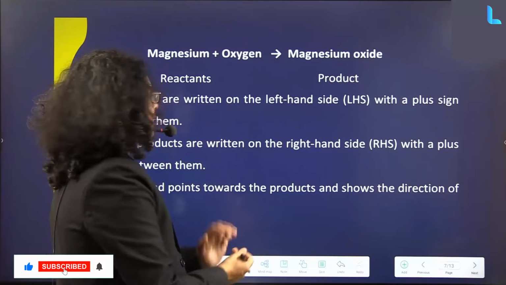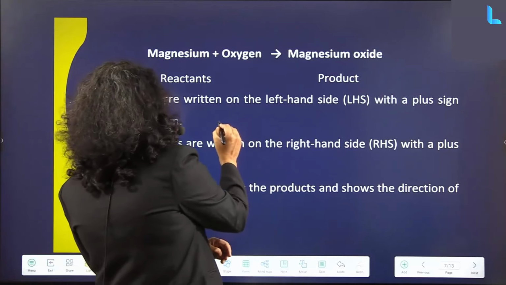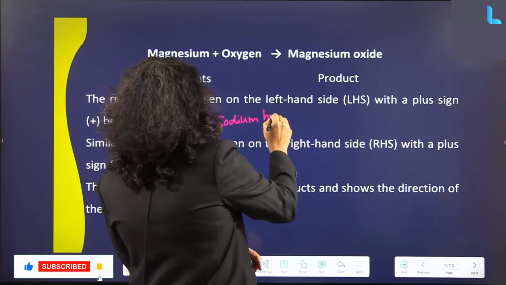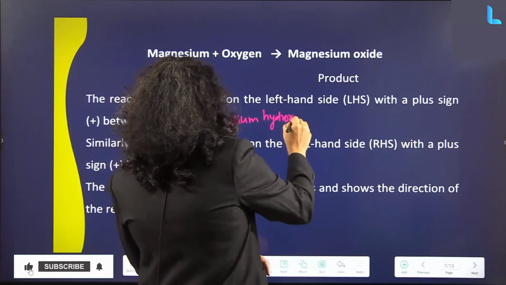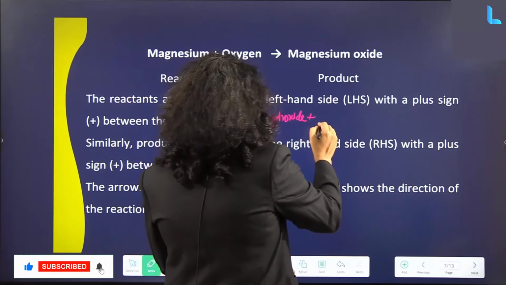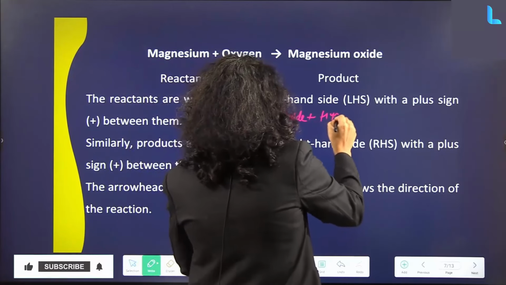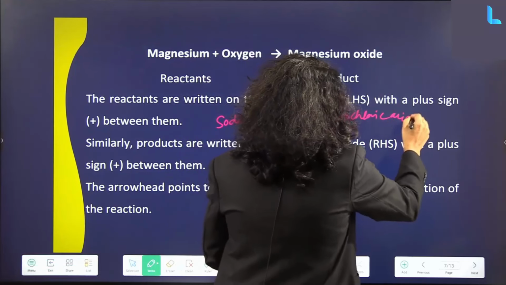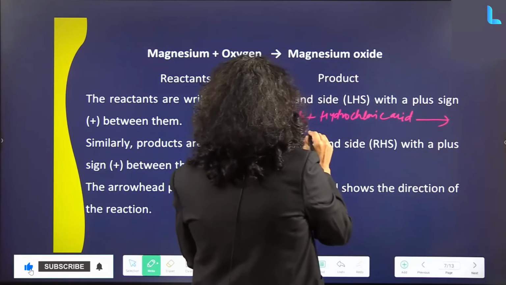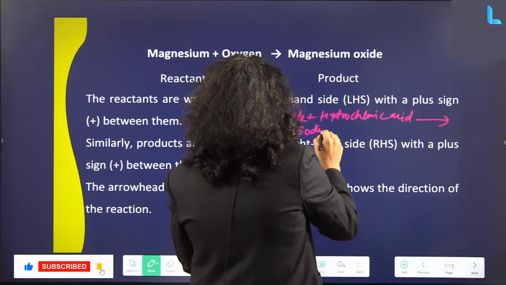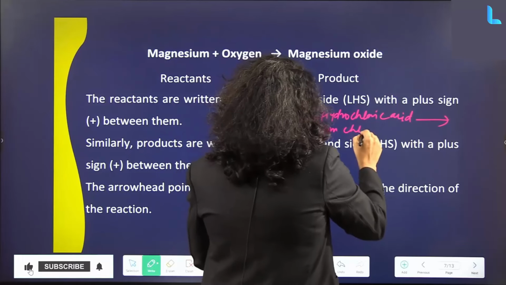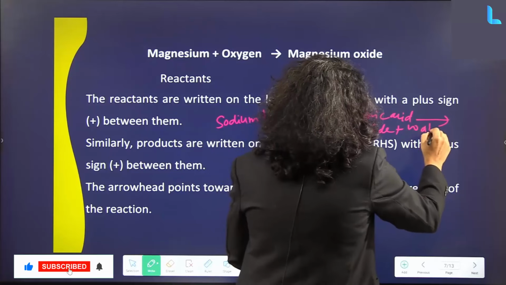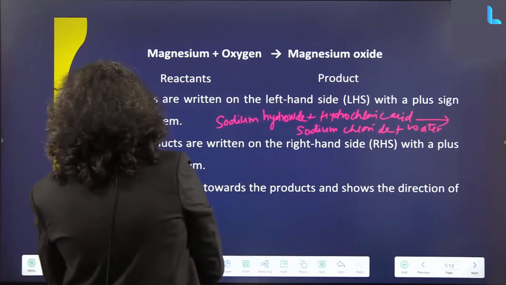Like for example, in another reaction, sodium hydroxide combines with hydrochloric acid. What do we get? We get sodium chloride and water. Let's see.